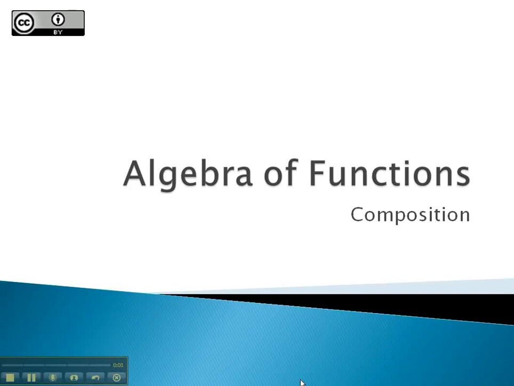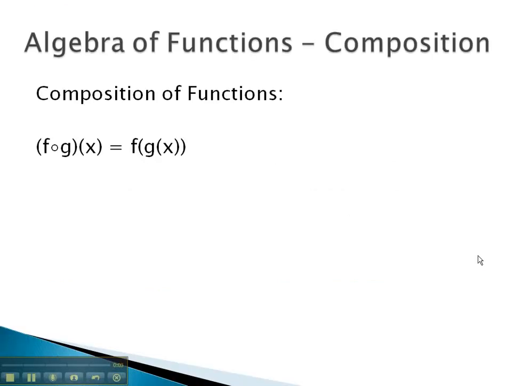In this video, we will begin looking at the composition of functions. A composition of functions is when we have functions in functions. We will use the notation f open circle g of x to mean f of g of x.